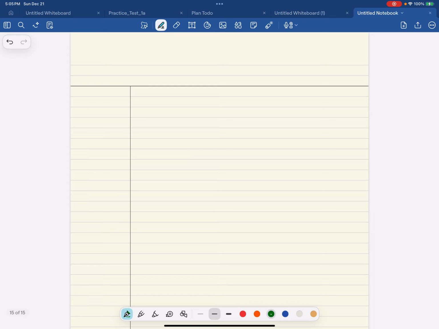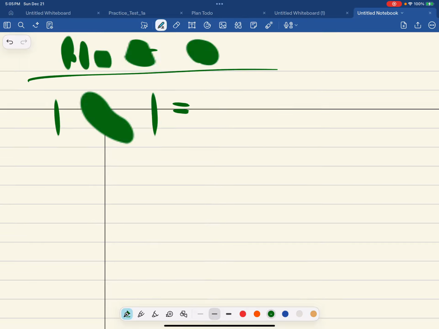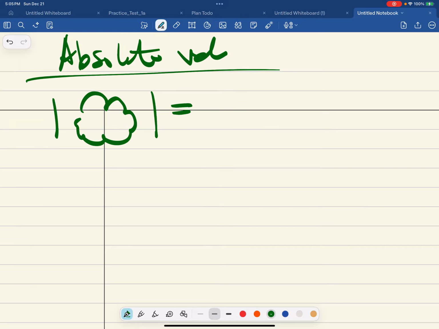Another concept is absolute value limits. We use a cloud to show whatever is inside the limit, inside the absolute value. Whatever that cloud is, if the cloud is bigger than 0, then it stays a cloud.